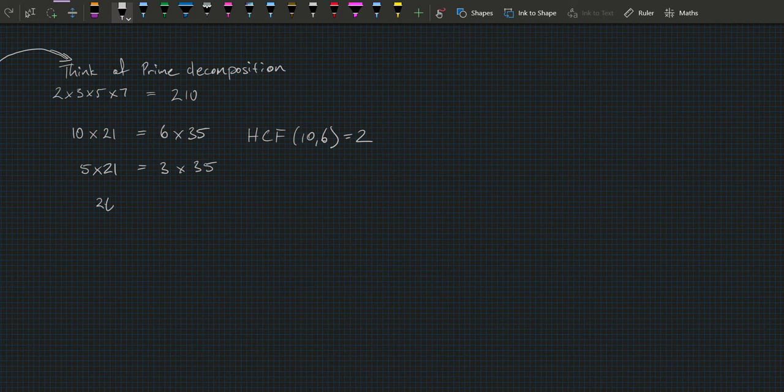21, I'm getting ahead of myself, 21 is equal to 3 times 7. And 35 is equal to 5 times 7. Okay, so if I was to change the colors here, that might make everything stand out a little bit more.